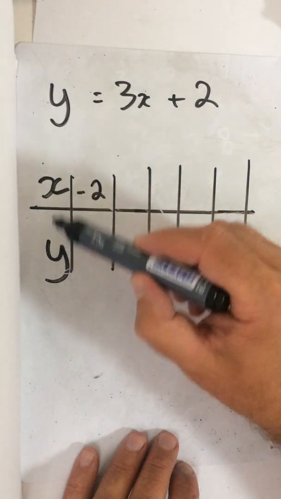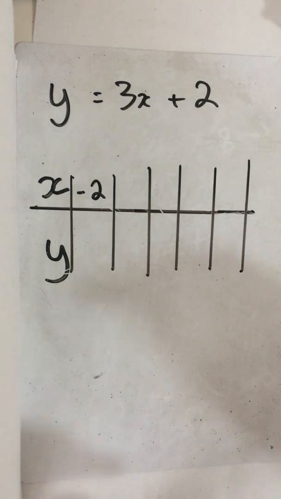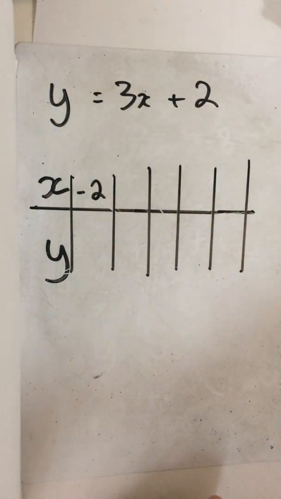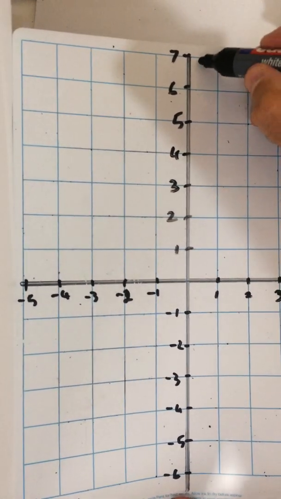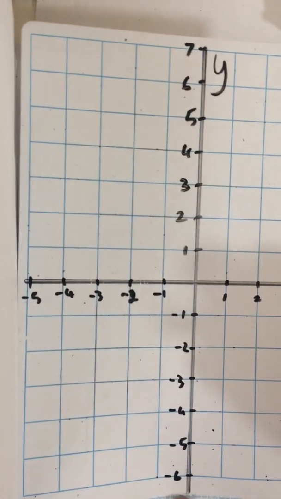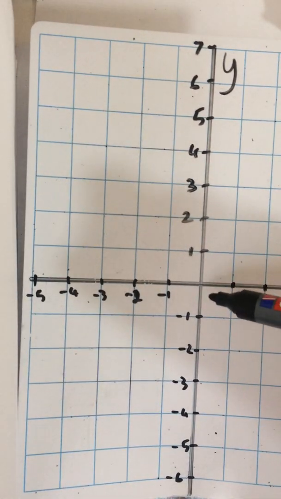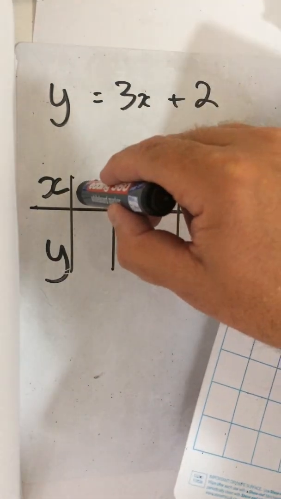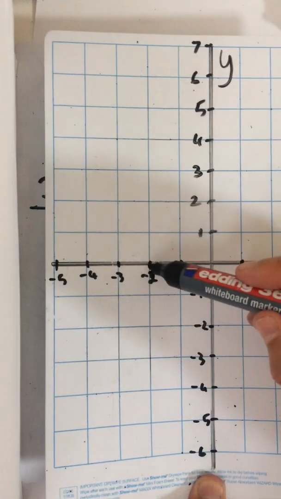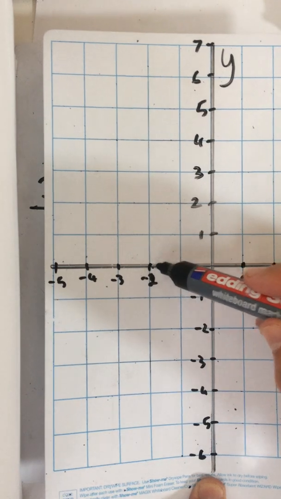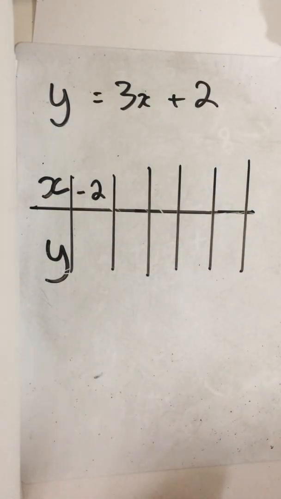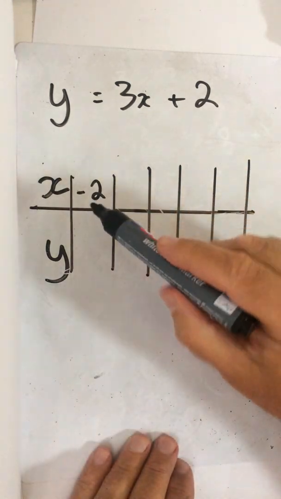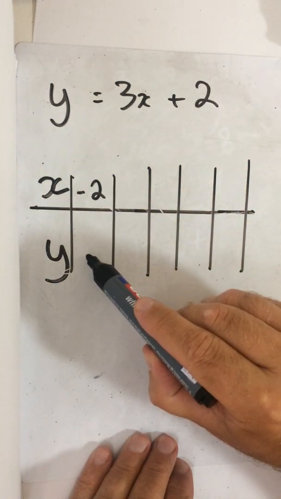These letters represent the axes on our graph. So if we've got a graph like this, we've got our y-axis and our x-axis, and if I've got minus 2 here, that means it's minus 2 on the graph. So now I need to find the value of y.